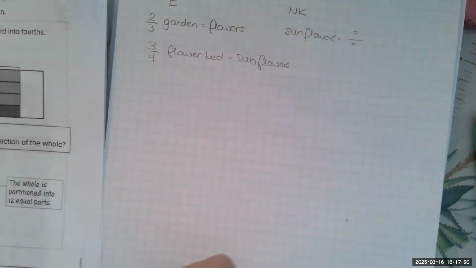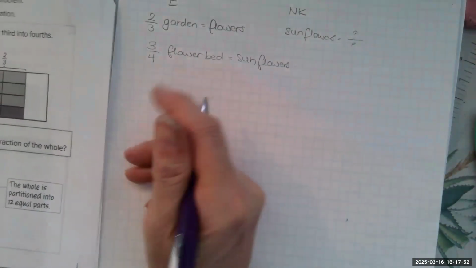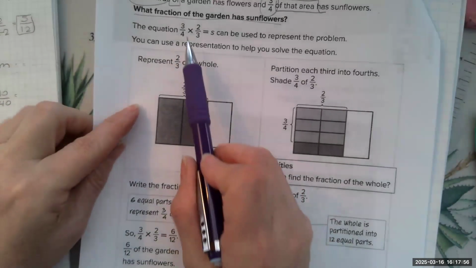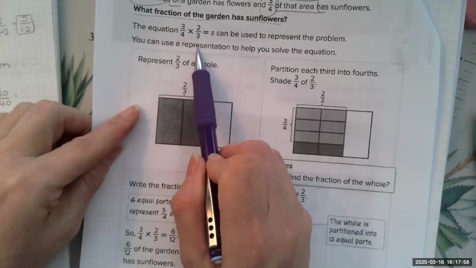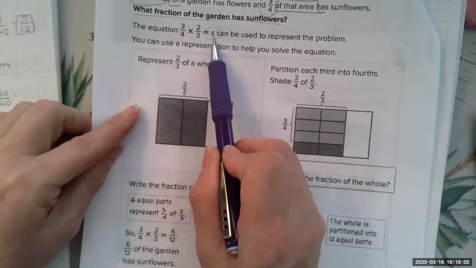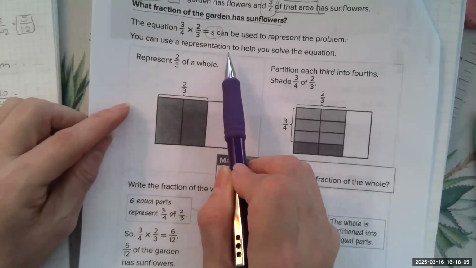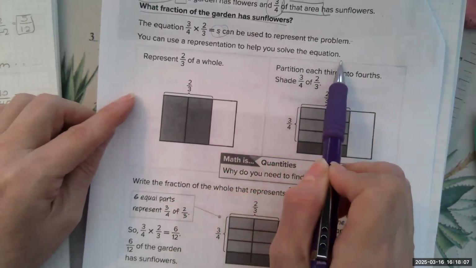Fraction. So we can say 3/4 times 2/3 equals S sunflowers. But we can also use a representation to help us solve the equation.